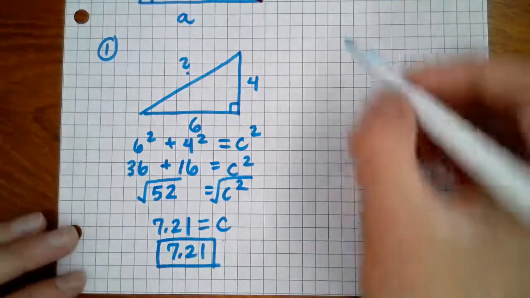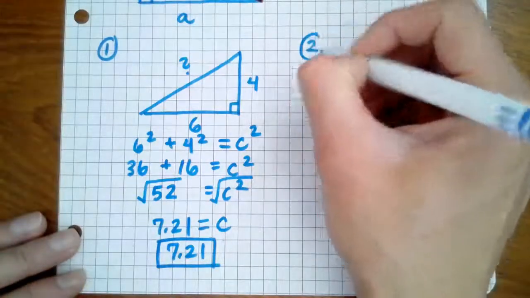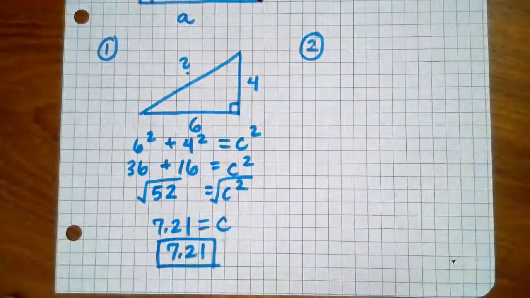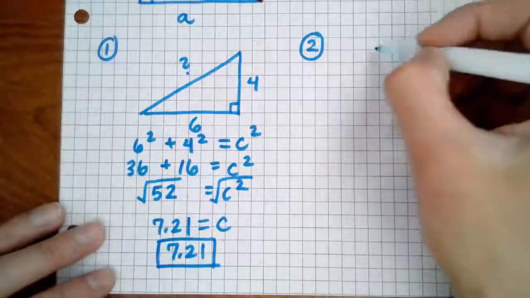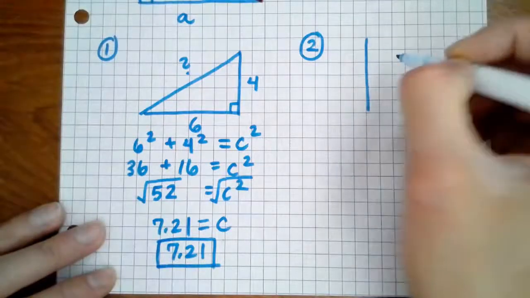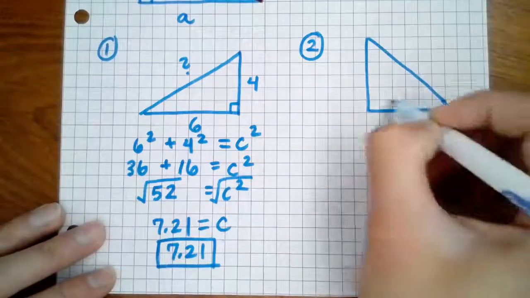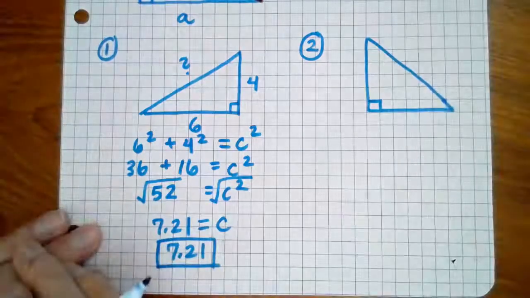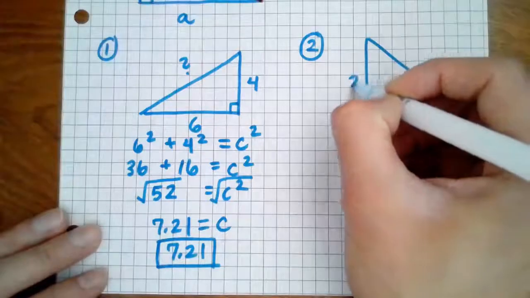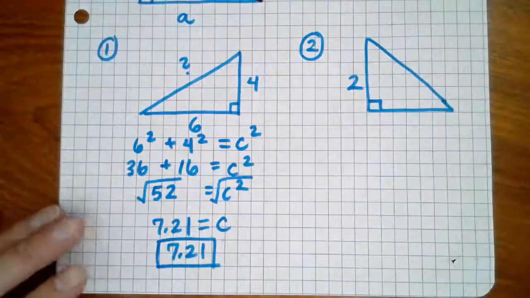Let's do one more example. In this example, draw the right triangle going this way. Here's the right angle. You're going to have the length of one of the legs.